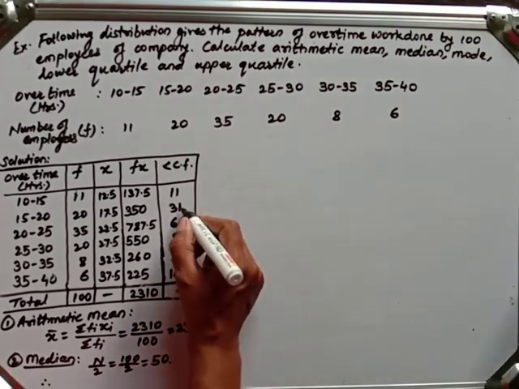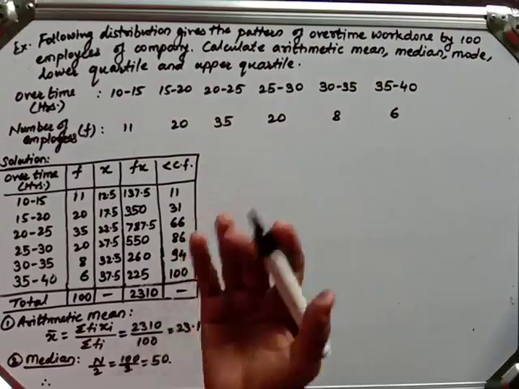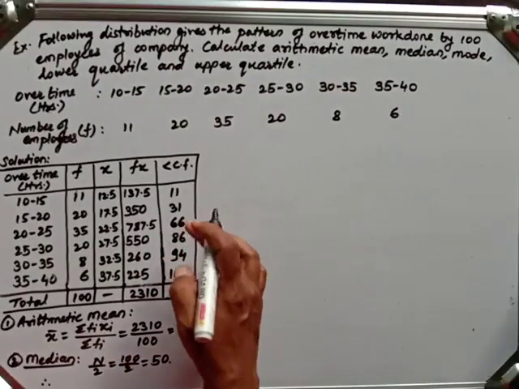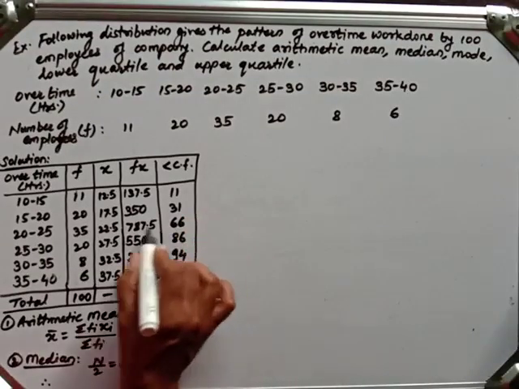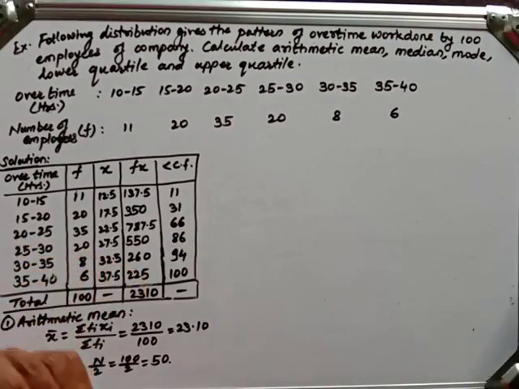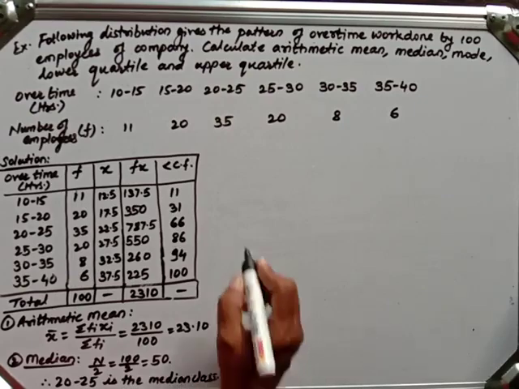Look here. It is 31. It is less than 50. 86 is the next greater, but the first greater will be 66. So 20 to 25 is the median class. Then the formula of median.